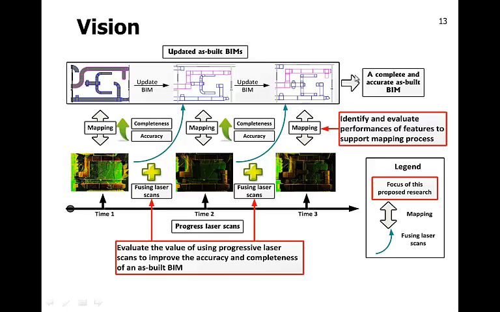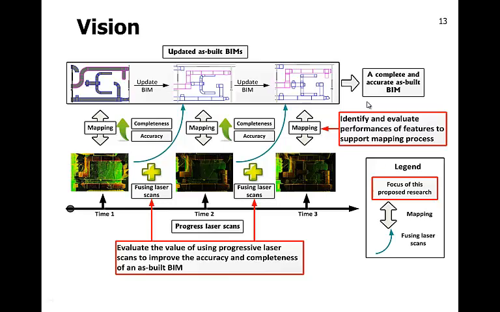When the new point cloud is captured, we will repeat the same process again, but this time the geometric information for the same building component captured by the two scans will be leveraged and fused together in order to improve the accuracy and completeness of the updated BIM. Finally, the as-designed BIM is converted into an accurate and complete as-built BIM, which can be delivered to the owners as a part of the information handover documents.